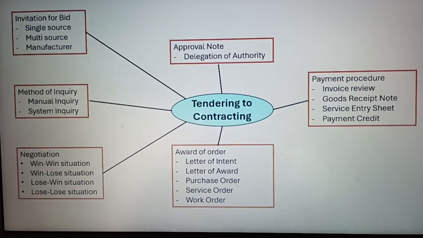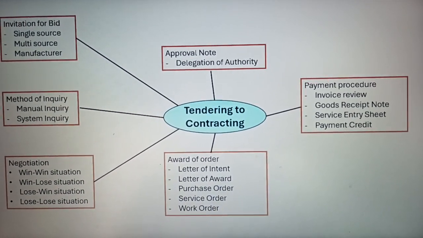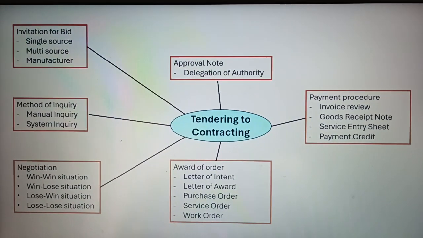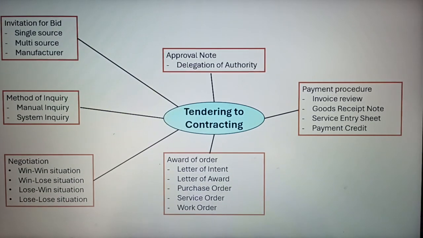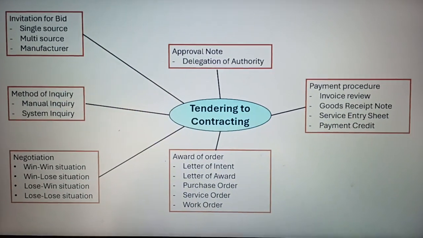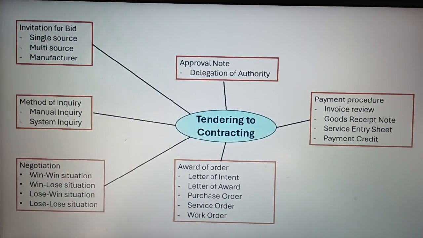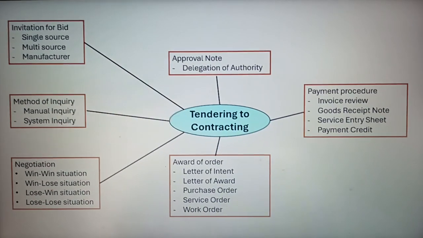After reviewing the invoice, we send it to the finance department, and the finance department does the payment. As a procurement engineer and executive, it is our responsibility to check whether they do the payment or not, and whether the contractor or vendor has done the delivery or not.